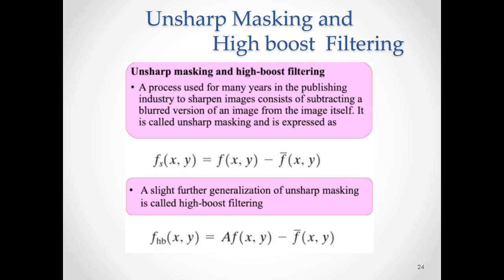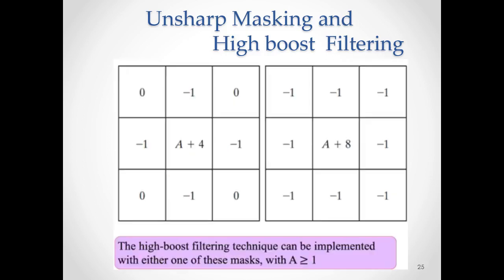The definition used for the first derivative must be 0 in flat segments, must be non-zero at the onset of a gray level step or ramp, and must be non-zero along the ramp. So, this we will understand when we consider the example. For the time being, remember these properties for the first order derivative.